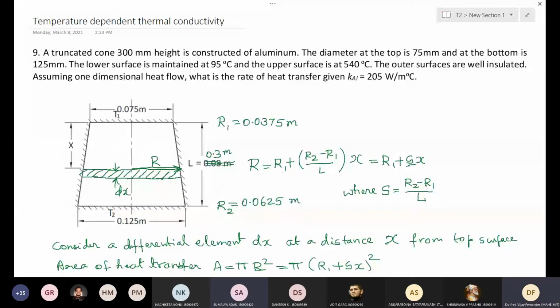Critical thickness will come out to be 5.136. Sorry, not this one, this is the thickness. Critical thickness is 3.5 mm. Correct? K by H.